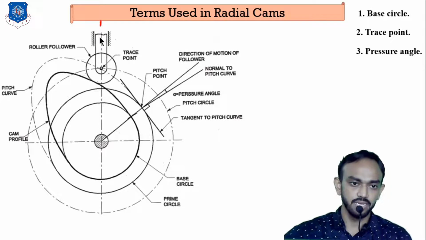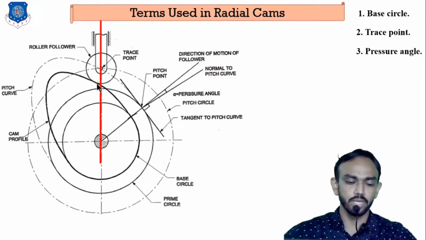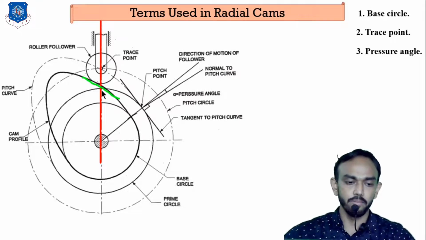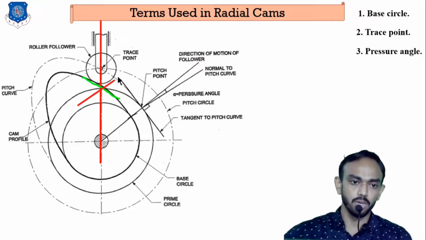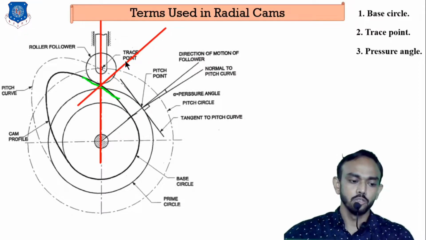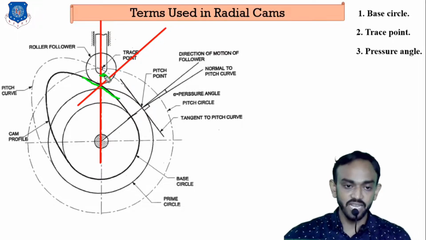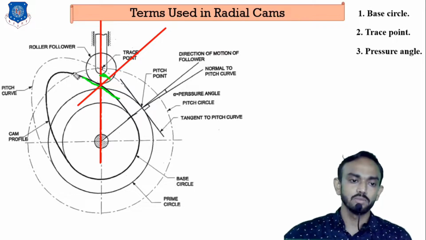If you consider the line of action of this follower moving in this direction, and the surface I am talking about is here, and if I make a normal at this point, normal meaning perpendicular to that surface, then this angle is known as the pressure angle.